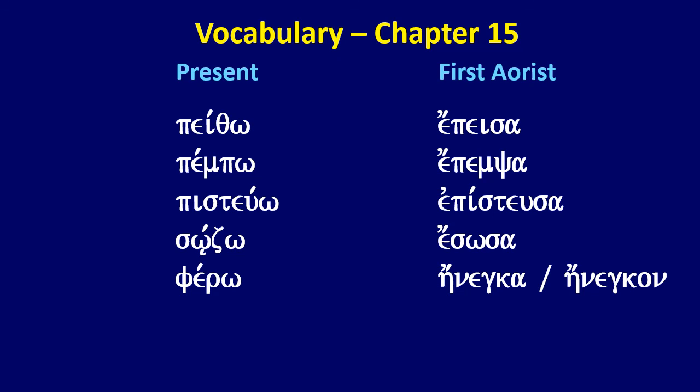And sometimes there are some really difficult morphology changes that occur from the present tense to the aorist, which you see here. Let's face it, enegka or enegkon looks nothing like phero, but it is what it is, and you just have to be aware of that and note that.